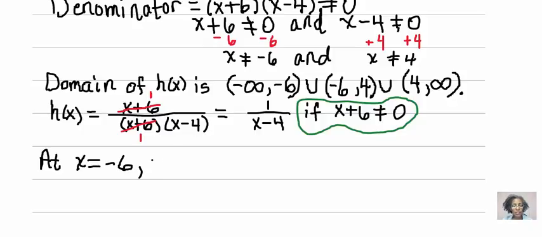So at x equal negative 6, h of x has a hole in its graph.